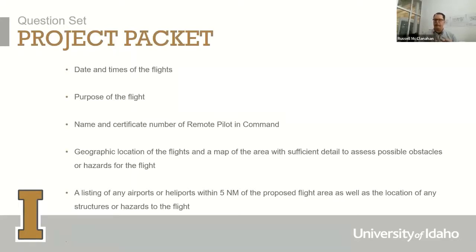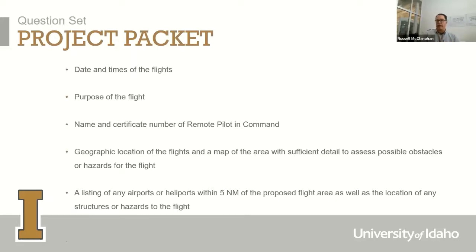Basically, as much information as you can provide in your packet will greatly increase the speed of the application review, especially if you're going to be flying somewhere where you're dealing with controlled airspace or somewhere that may have temporary flight restrictions. The more information, the better.